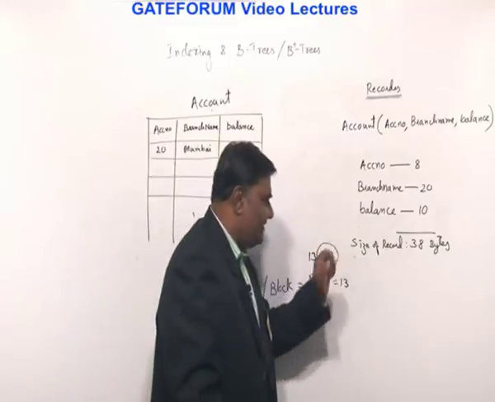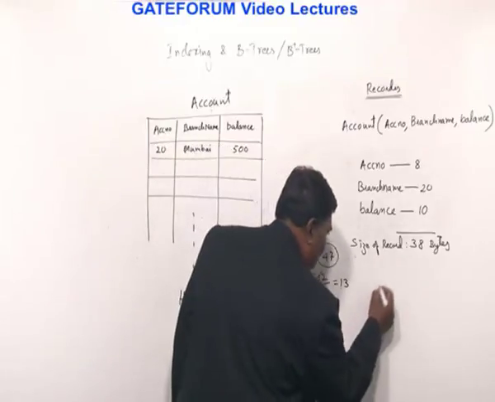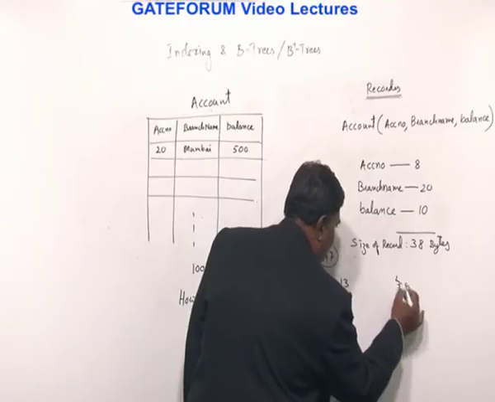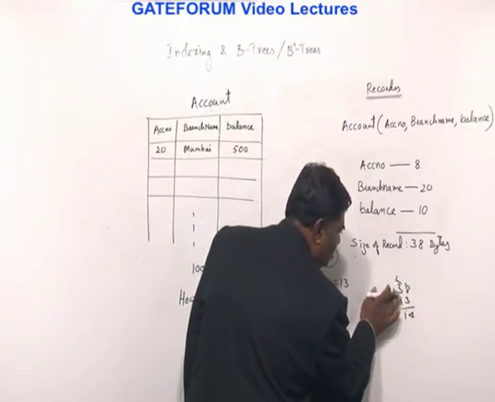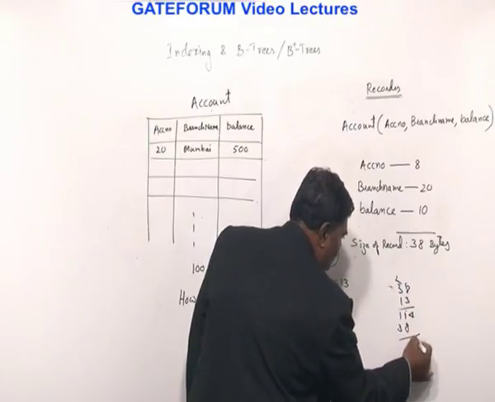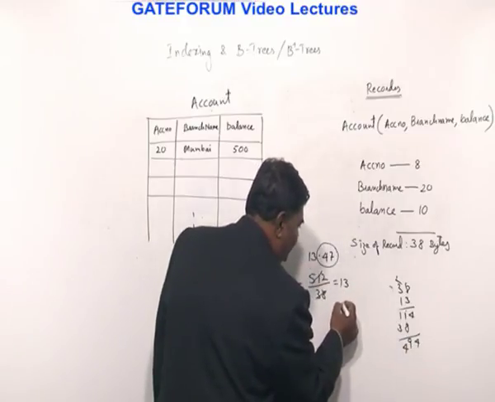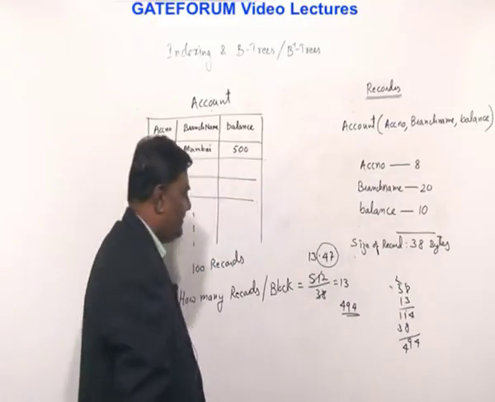And some space will be remaining. If I take 13 times 38, total how many bytes will it be occupying? 494 bytes it will be occupying.